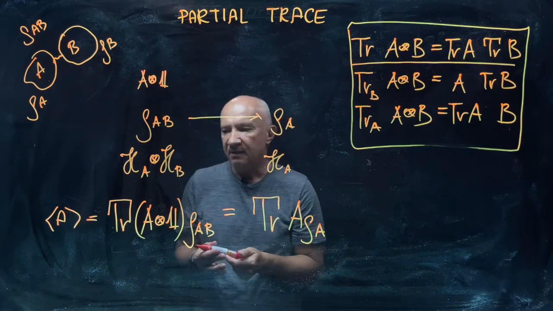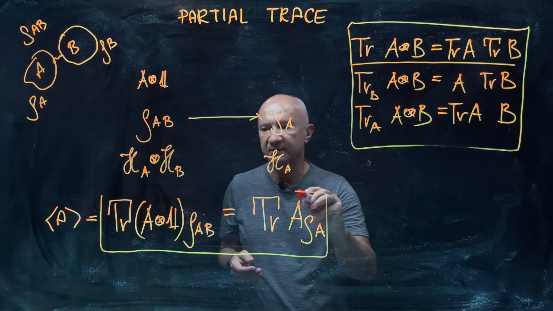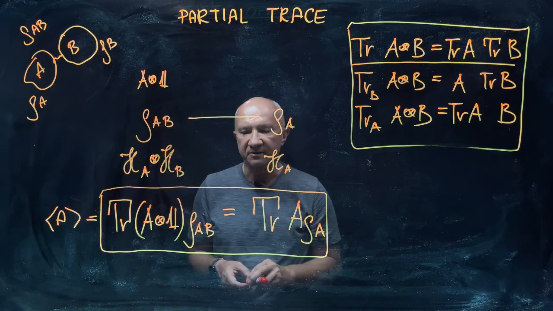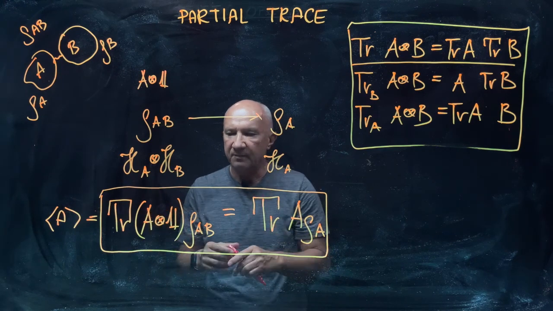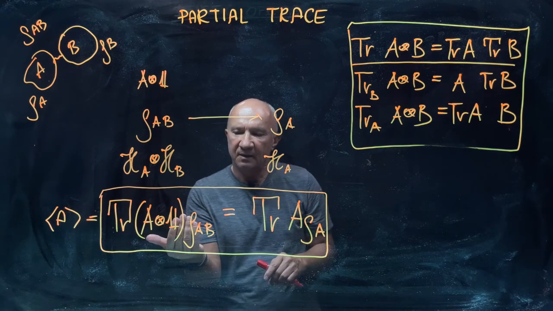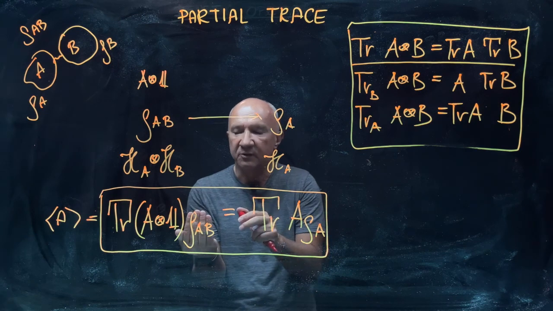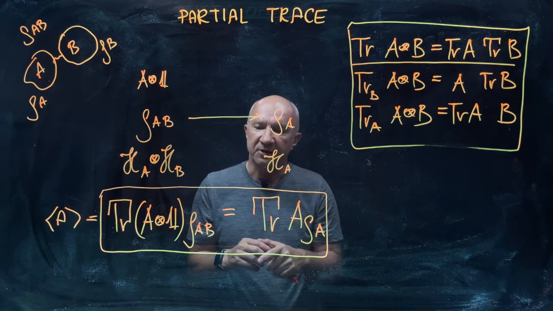So it turns out that this is actually quite a strong requirement. It may not look like this to you at first glance, but it is. I'm not going to derive it, but the next step would be to show that this implies the partial trace reduction.